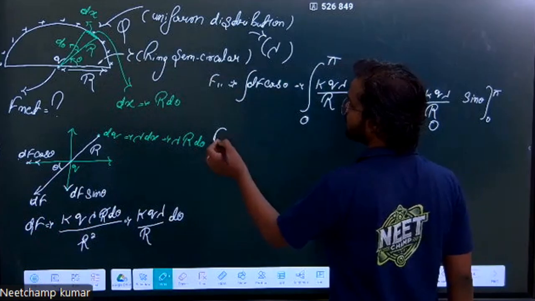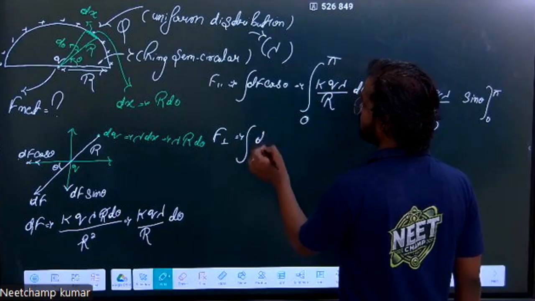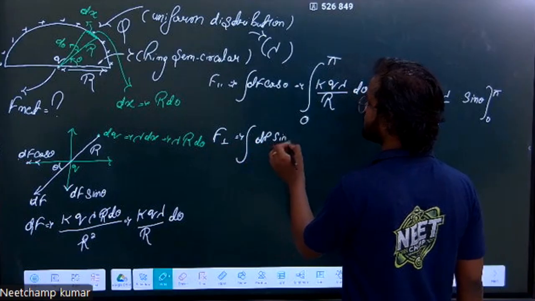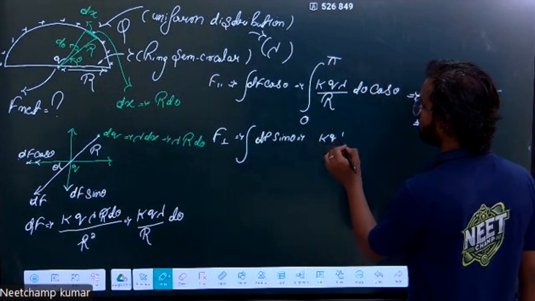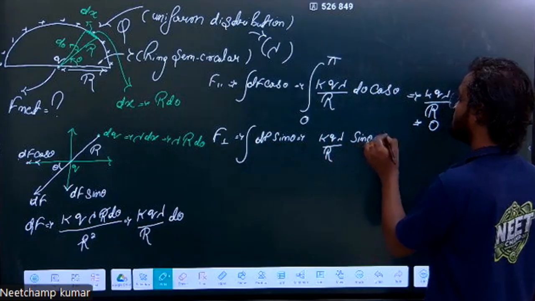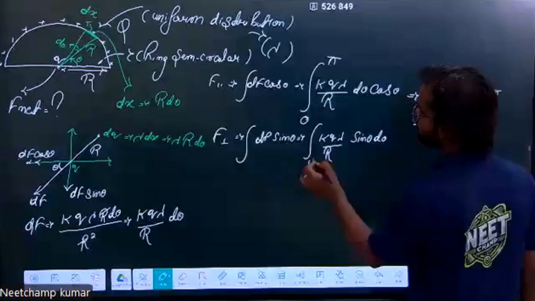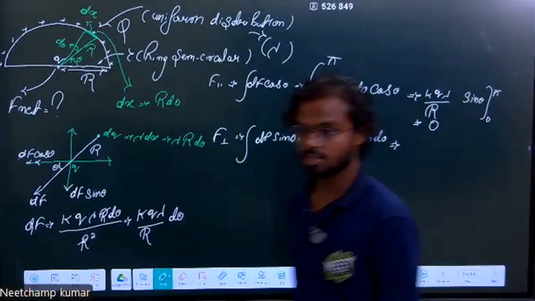Now let us do the integration for the vertical, perpendicular direction. This will be the integration of dF sin theta, right? dF is k q lambda by r into sin theta d theta, and we have to integrate from 0 to pi. My question is, what is the integration of sin theta?